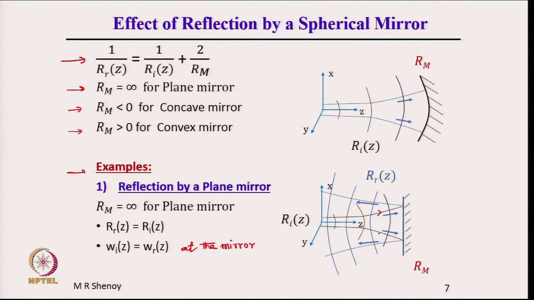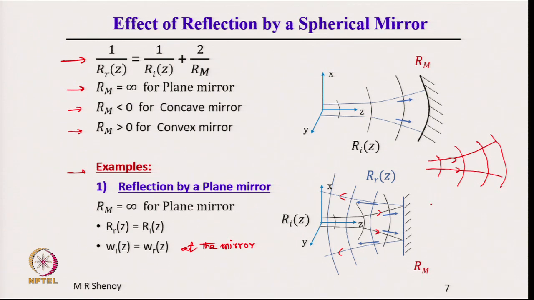If you have a diverging beam like this, then after reflection it continues to diverge, and a diverging beam means it has a convex wave front. So, we see that the wave front of the diverging beam is convex. Whenever you have a beam which is diverging, the wave front will be convex like this.